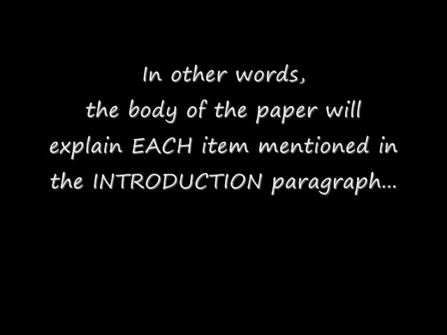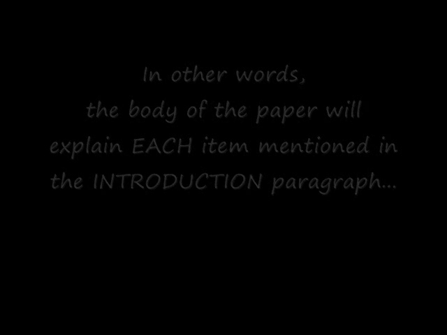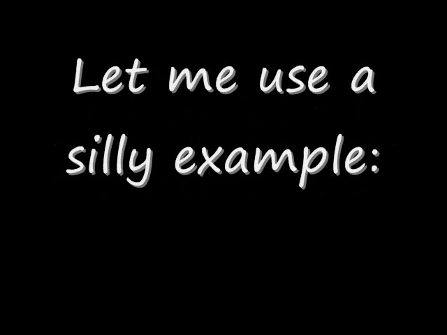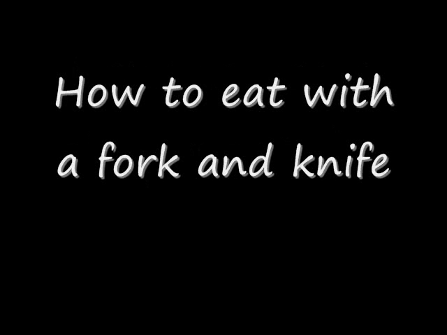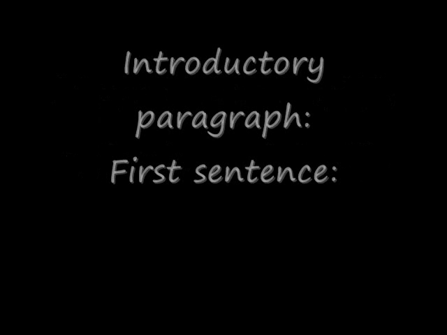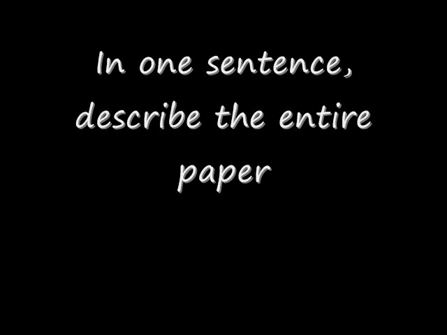So if your paper title is How to Eat with a Fork and Knife, you need to, in your introductory paragraph, have the first sentence capture what your entire paper will be about.